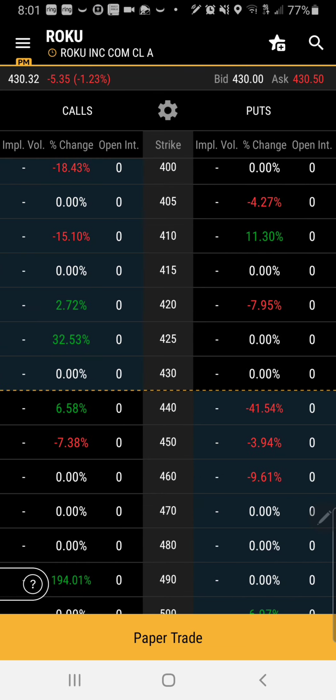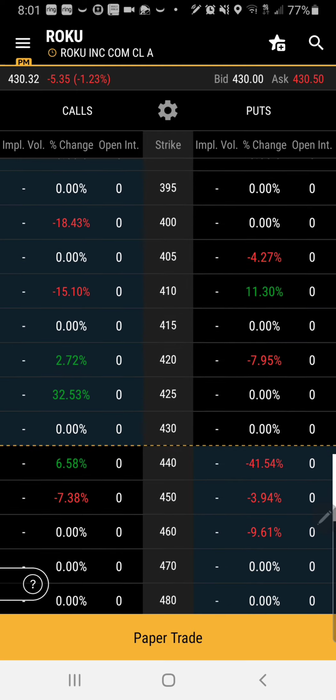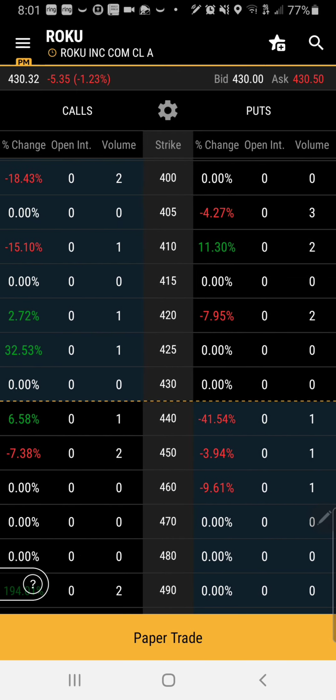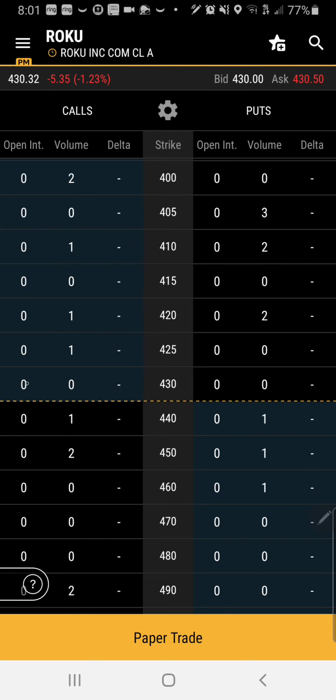Implied volatility. We know what implied volatility is: how much opportunity is there within each option contract. Percentage change is how much it's changed over the most recent trading day. That's the amount that the particular contract traded by. Open interest, that's how many people are currently holding it.